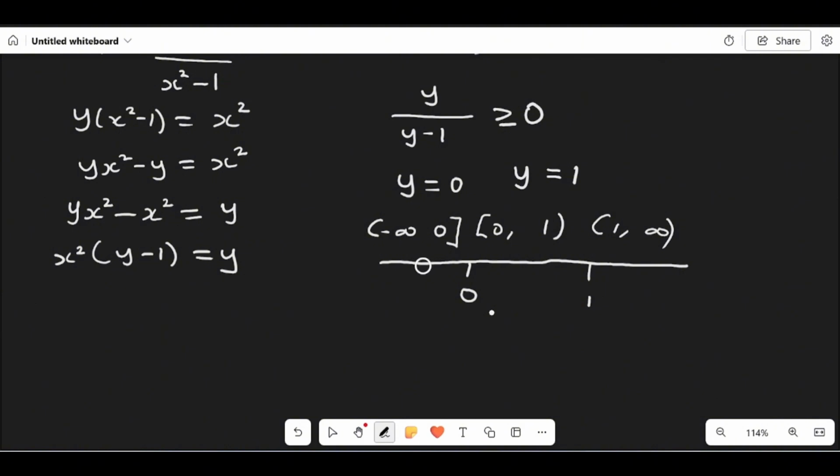What we want to do is pick a number in each interval and check if it holds true.